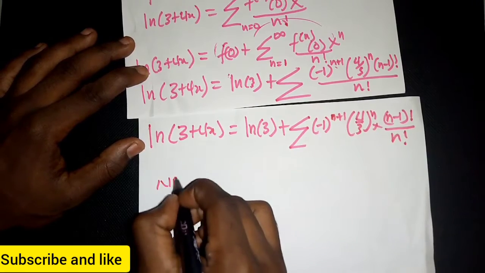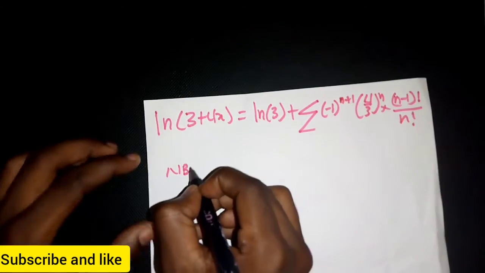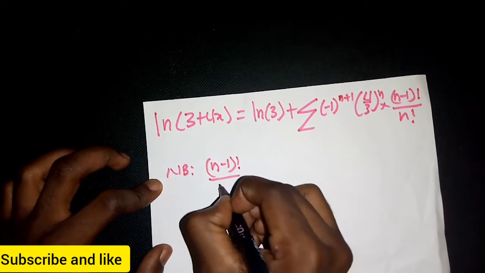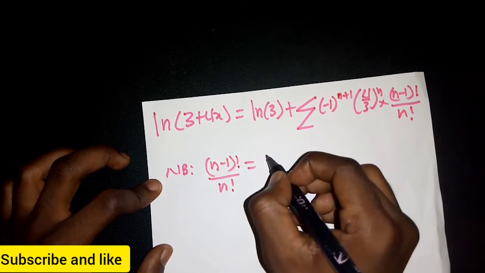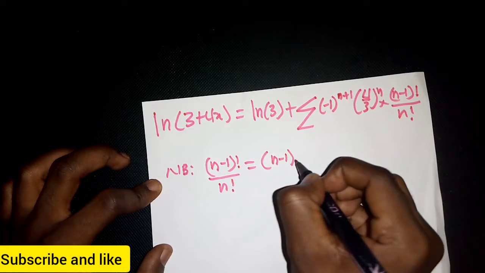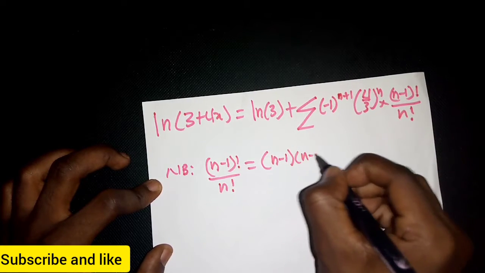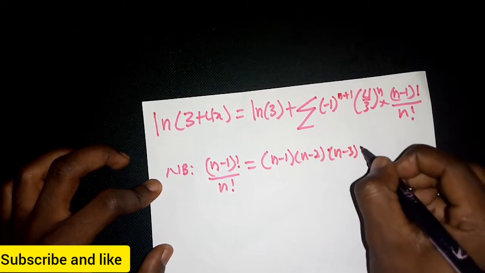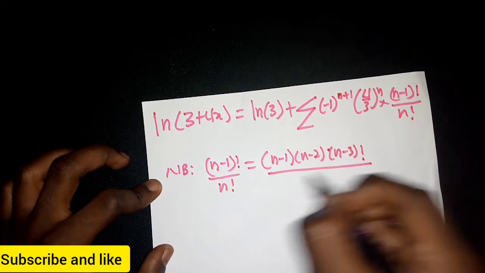Now note, just a note over here, when you have n minus 1 factorial divided by n factorial, it's just n minus 1. Now to expand this is just n minus 2, then you can go again n minus 3, so you can go on until still factorial, all divided by.